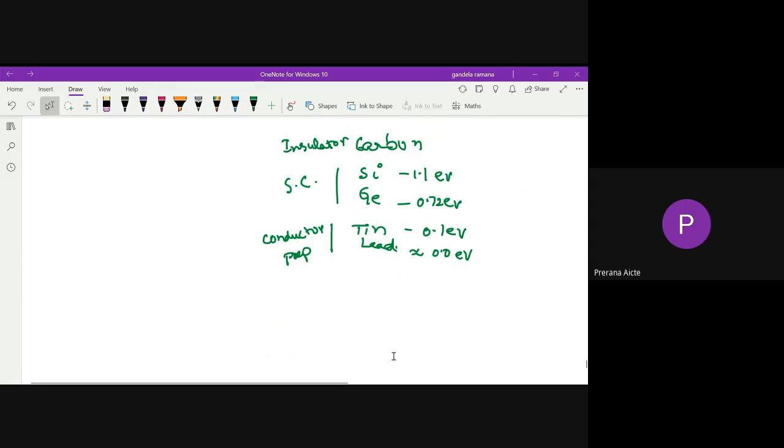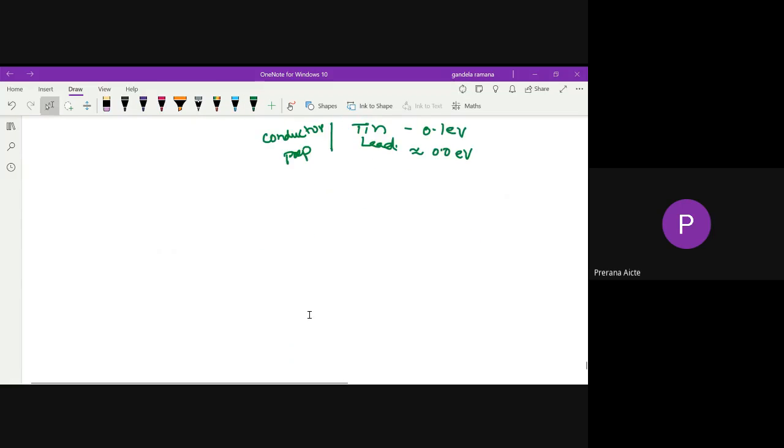So, the energy band diagrams of conductors, semiconductors, insulators. The conductor's energy band diagram is one where the bands overlap each other. In this energy band diagram, a group of closely spaced energy levels in an atom is called an energy band.